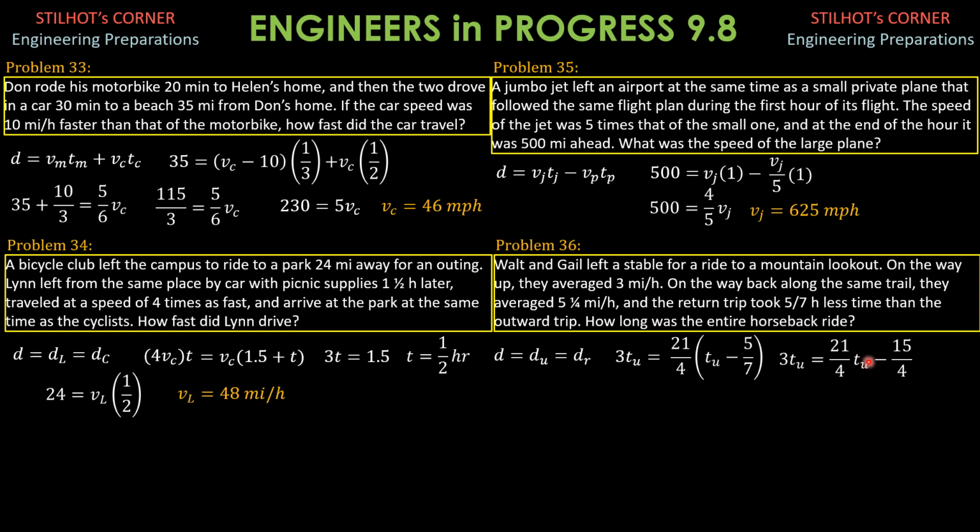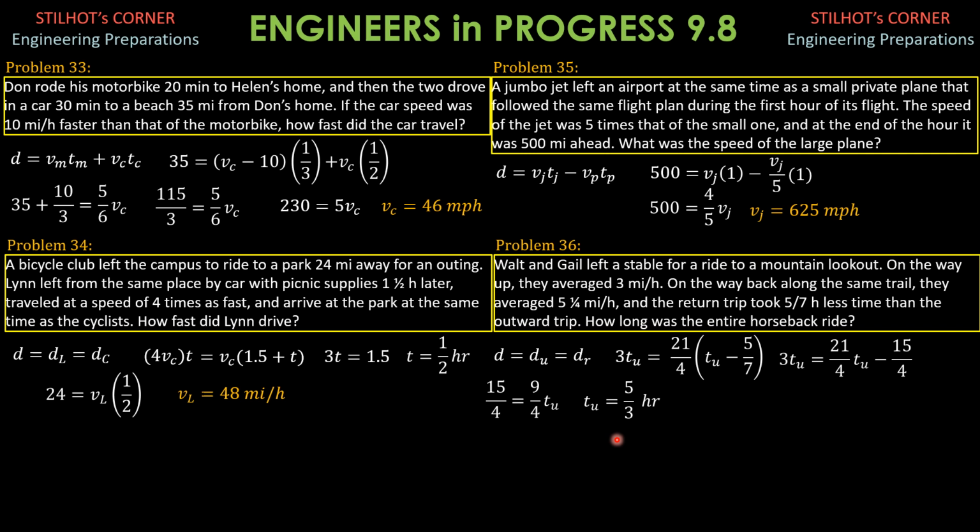Transpose 15 over 4 to the left, so it becomes positive 15 over 4. Then 21 over 4 minus 3 is 21 minus 12 over 4, so 9 over 4 t sub u. So 15 over 4 equals 9 over 4 t sub u. Cancel out 4 because these are both denominators. So t sub u is 15 over 9, and that is 5/3 hours.